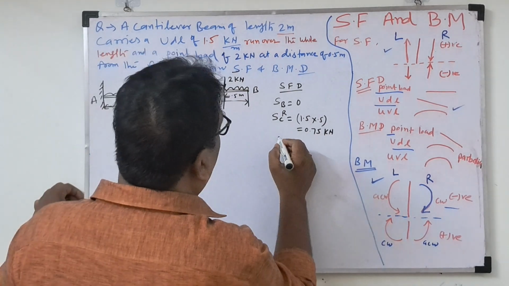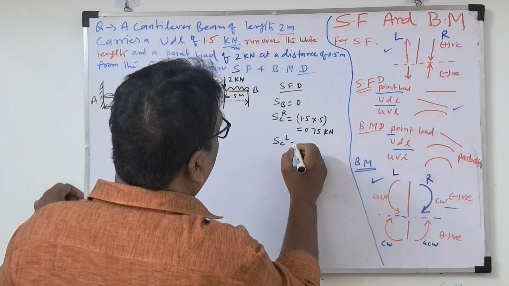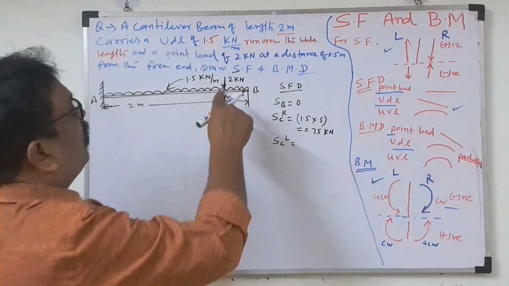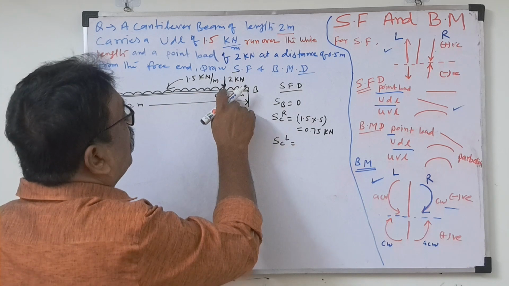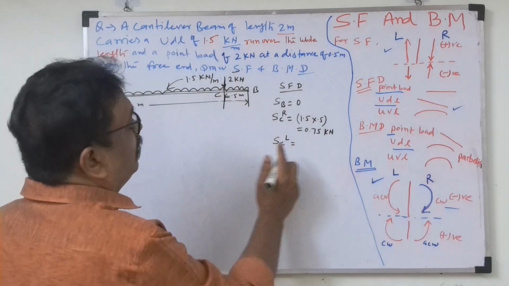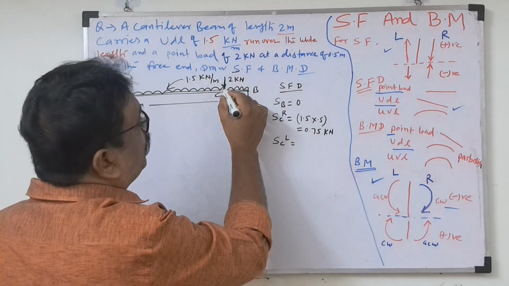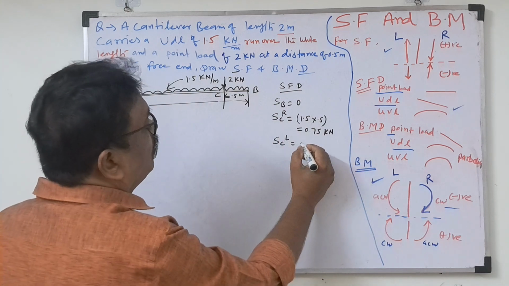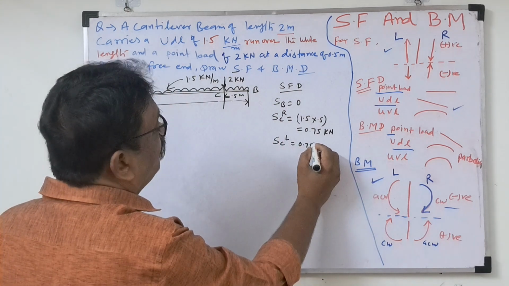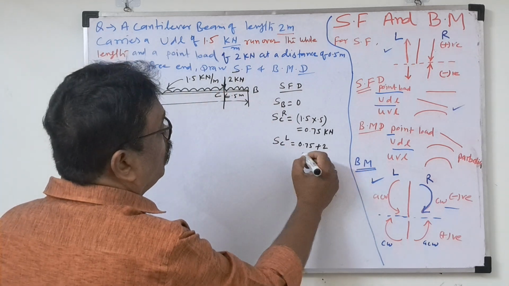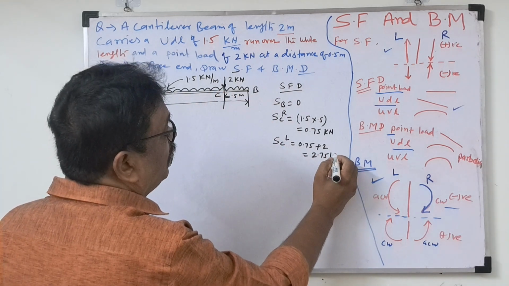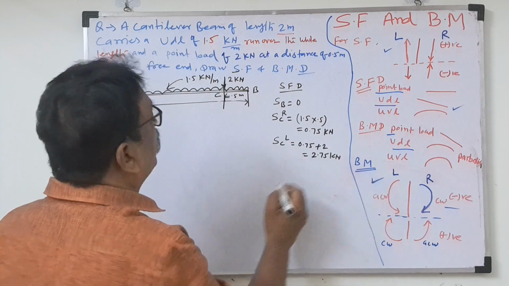Now what is the meaning of SCL? The 2 kilonewton also comes in, just at point C on the left side. So SCL is 0.75, that is SCR, plus 2, which gives 2.75 kilonewton. You have to be careful with this part.